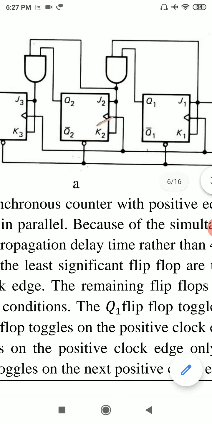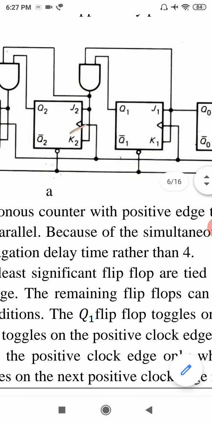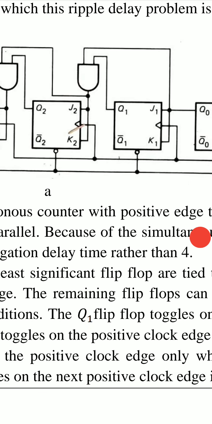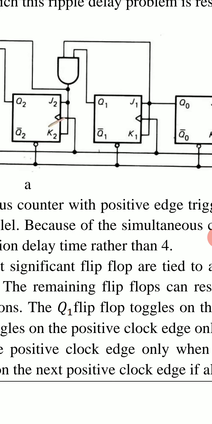Now Q2 will toggle when J2, K2 are 1, and J2, K2 will be 1 only when Q1 is 1 and Q0 is 1, because the output of this AND gate which goes to J2, K2, this AND gate has inputs Q1 and Q0. So J2, K2 will be high only when Q1 is high and Q0 is high.